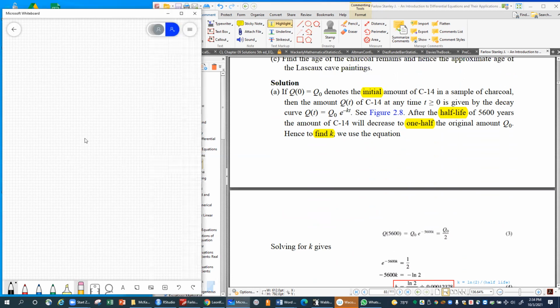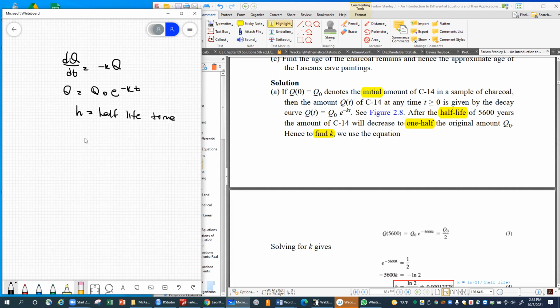Let's do that. The general equation is dq/dt equals minus kq, and we know its solution is q equals q0 e^(-kt). Call H the half-life time.